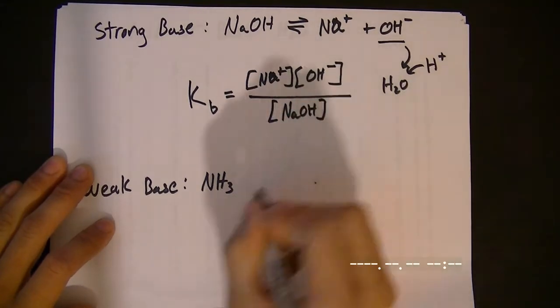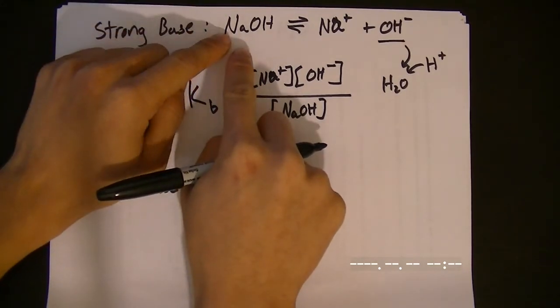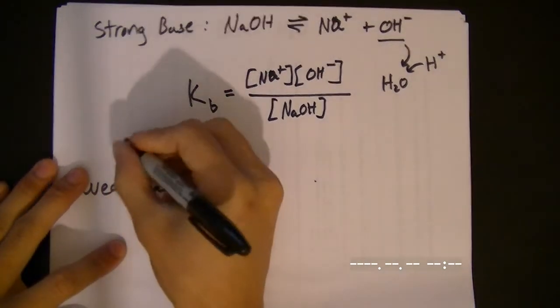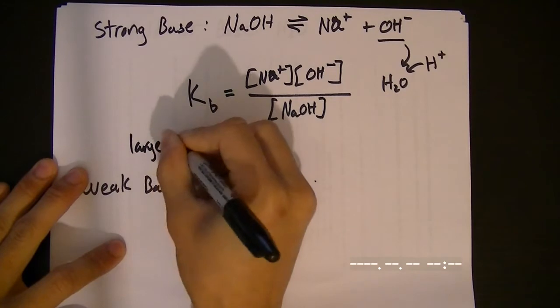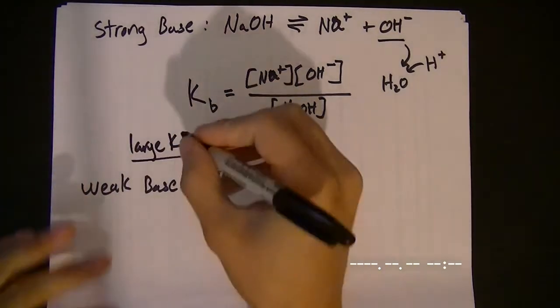Just like for acids, this is a strong base in that it dissociates into its ions very readily, to a great magnitude. This would be a large Kb.